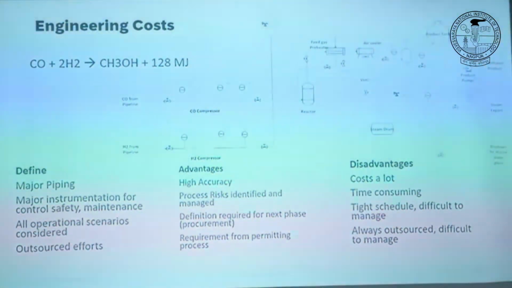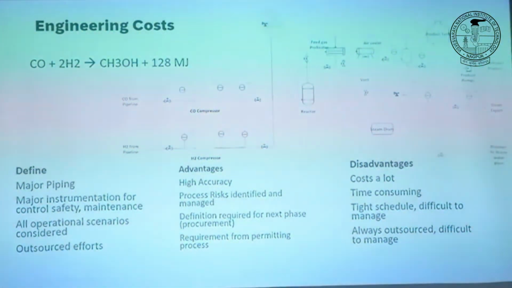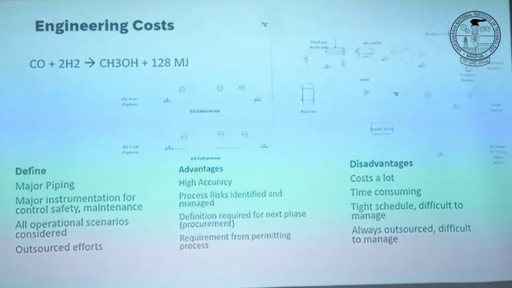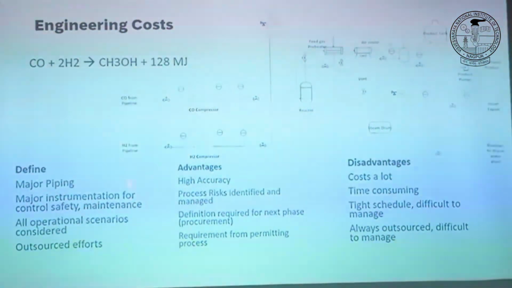I know the velocity of methanol, I set it at 2 meters per second. With this I can calculate the diameter of the pipe. Going from here to here is somewhere around 50 meters. So I can already calculate the diameter of the pipe times thickness gives me the total area, times thickness gives me the weight of the pipe, material, cost factor again. So again you add in all the required elements.